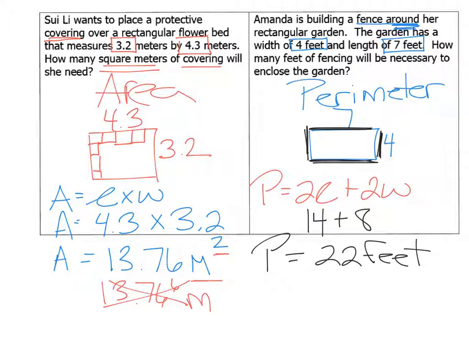It's not squared because it's just the number of linear units around my figure. And if going around the figure is easier for you, 7 plus 4 is 11. This is also 7 and this is also 4. So this 7 and 4 makes 11. This 7 and 4 makes 11 for a total of 22.